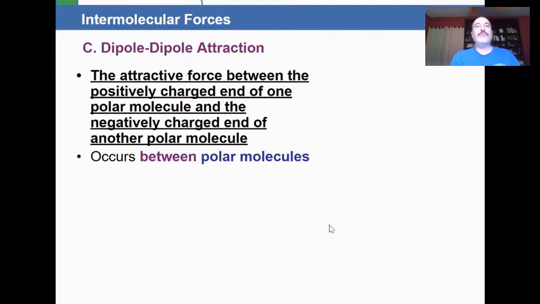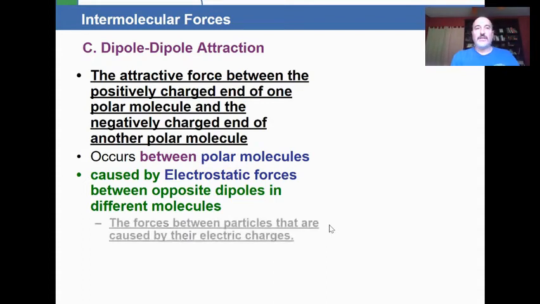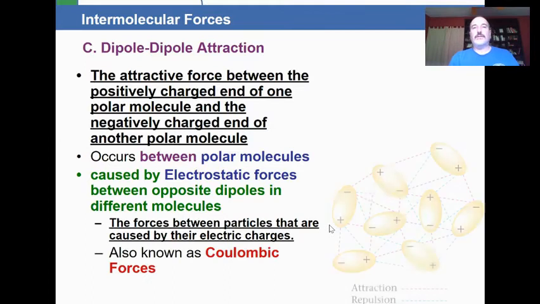Now, this is done through what is known as electrostatic forces, okay? Electro as in electricity, and static means that they don't move anywhere. So it's a buildup of a positive force on this end and a negative charge on that end. It's the forces between particles that are caused by electric charges.